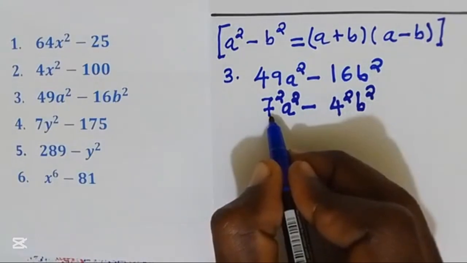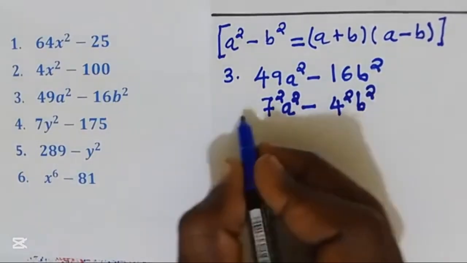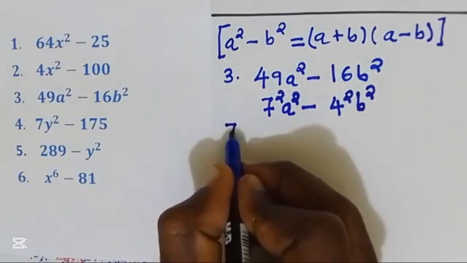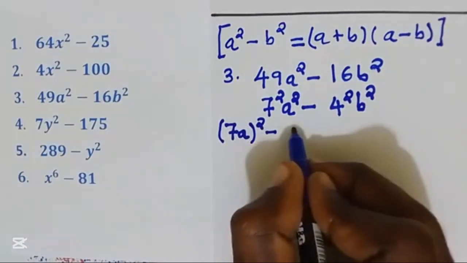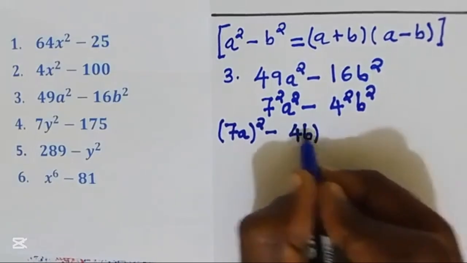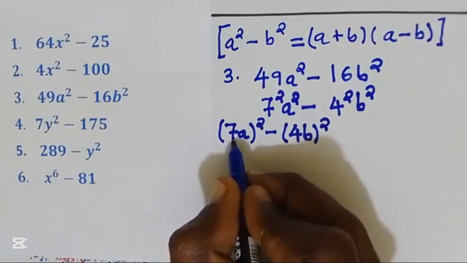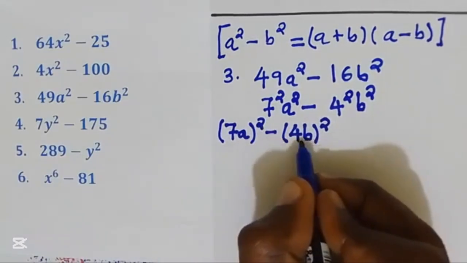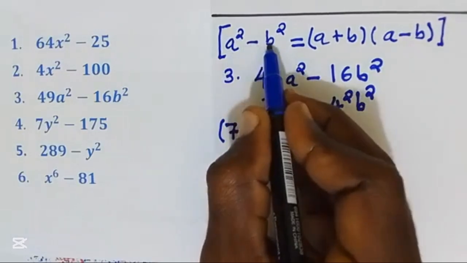I can combine 7a in the same power and 4b in the same power. That is going to be 7a, all of them power 2, minus 4b, all of them power 2. Already 7a square minus 4b square is in the form of a square minus b square.